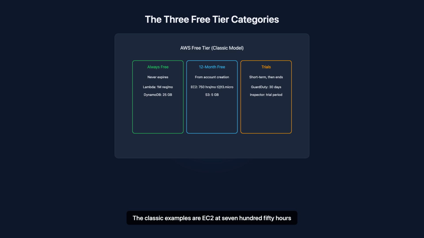The classic examples are EC2 at 750 hours a month on a T2 or T3 micro, and S3 at 5 gigabytes. Third, trials, short-term offers that end after a set window, like GuardDuty for 30 days and Inspector for its trial period. Always free, 12-month, trials, three buckets.